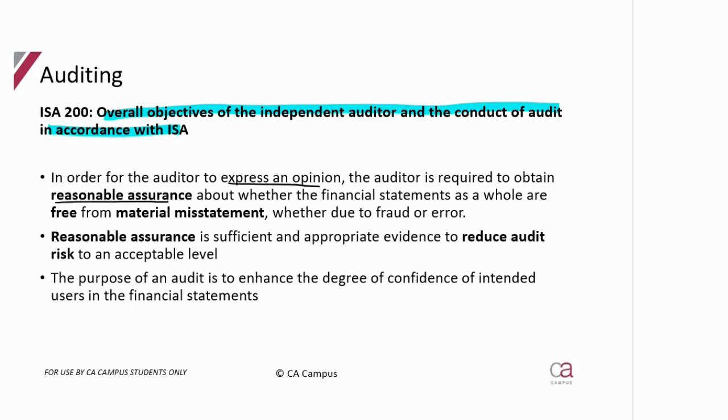So yes, we are going to express an opinion, but about what? About whether the financial statements are free from material misstatements. And in order to express that opinion, we need to have some sort of backing, reasonable assurance that proves they are free from material misstatements.